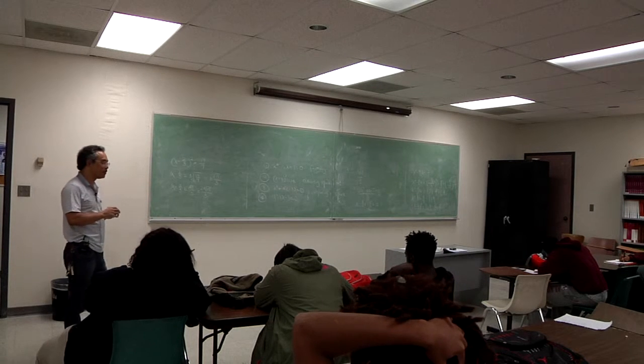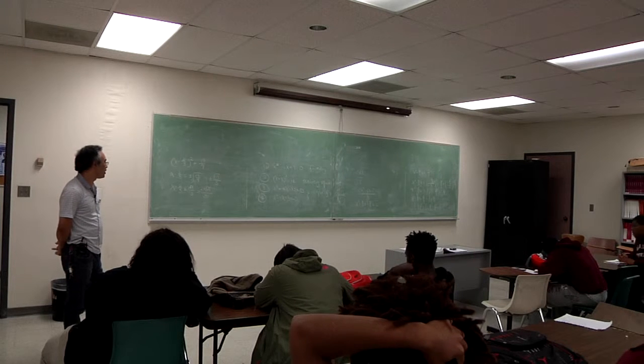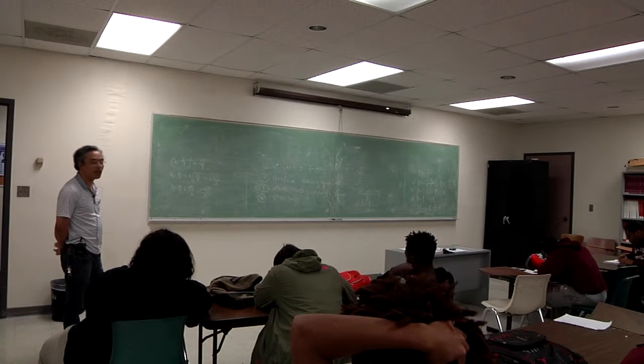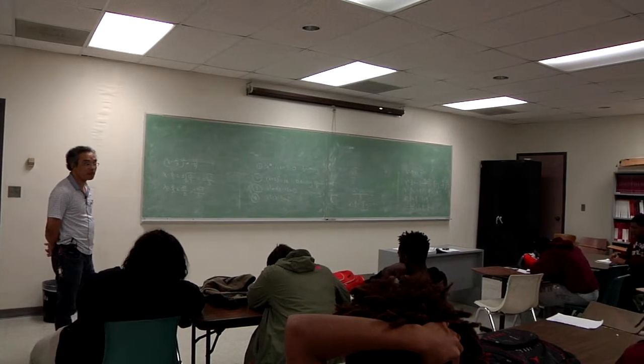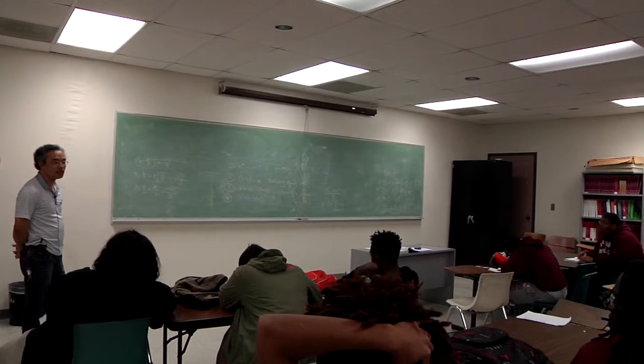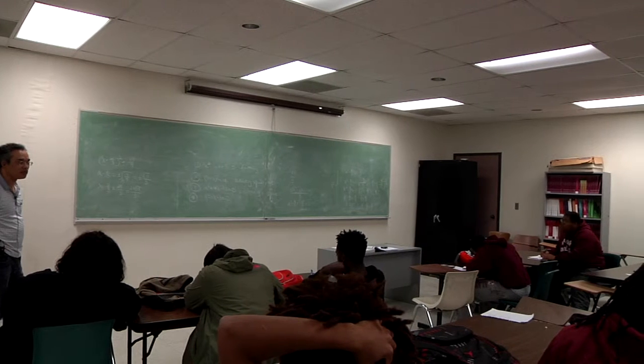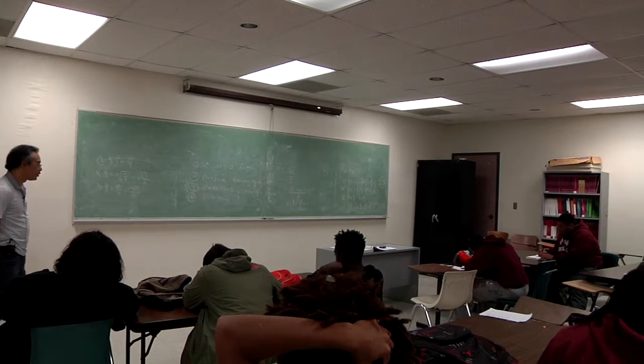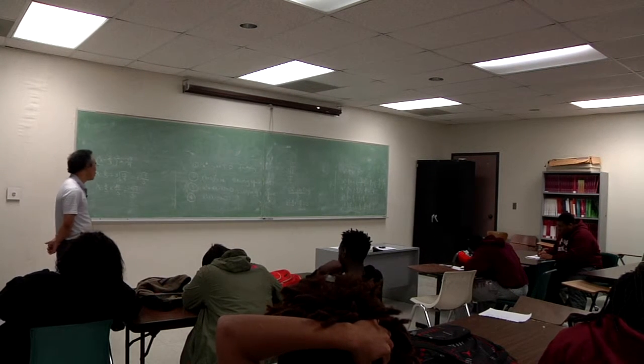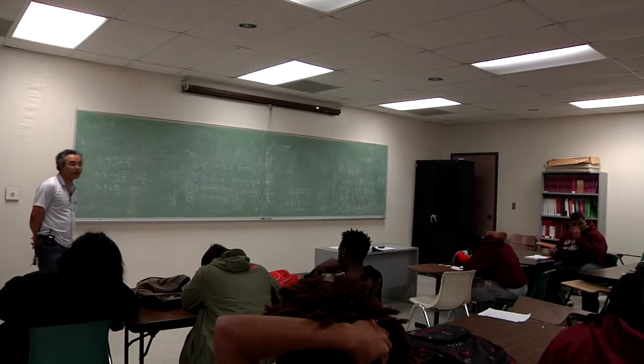Okay, so I'll give you a little time to discuss the problem and work it out, and then we'll see how it works. And then you're going to explain to other groups how you did it.